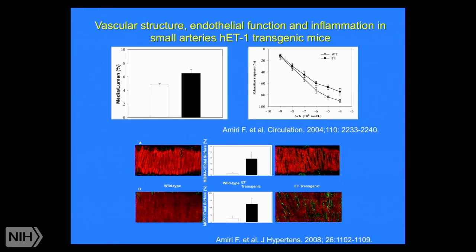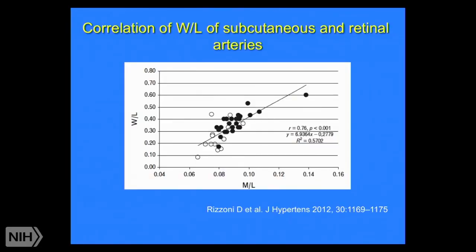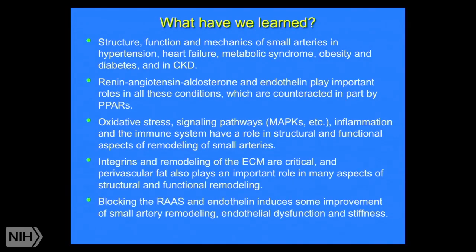My time is up, so I'm going to skip the immune effects on small arteries. I will also skip the fact that now there are techniques to look at retinal vessels as a window to small arteries. With that, I will just go straight to what have we learned?